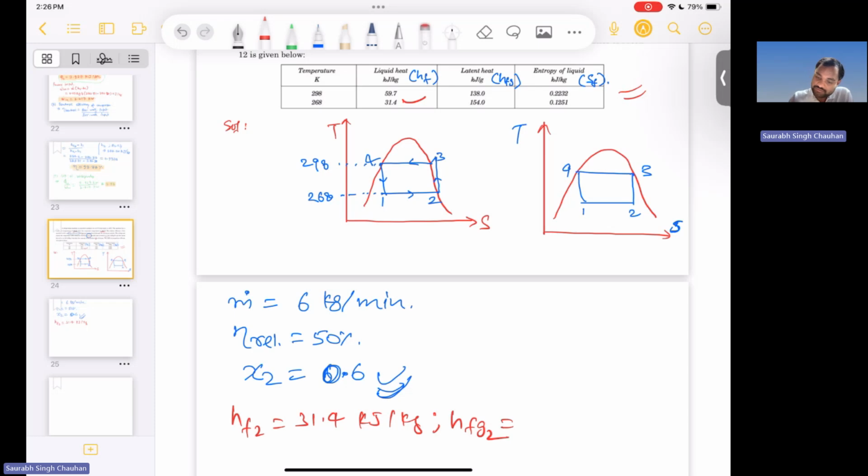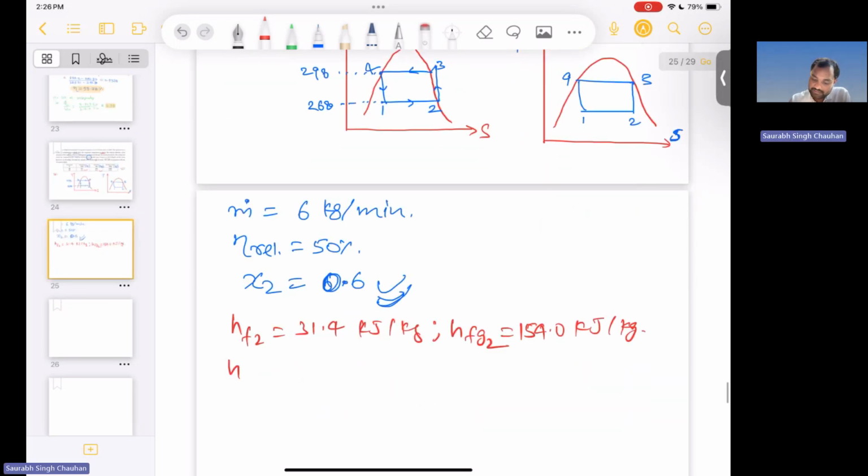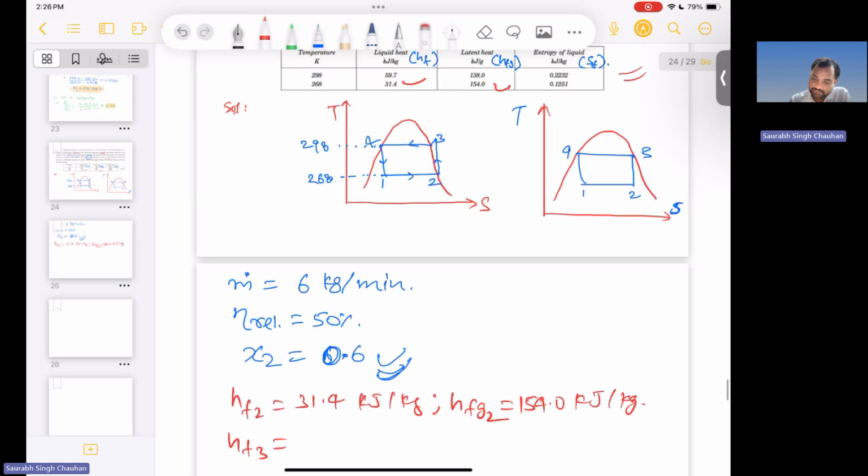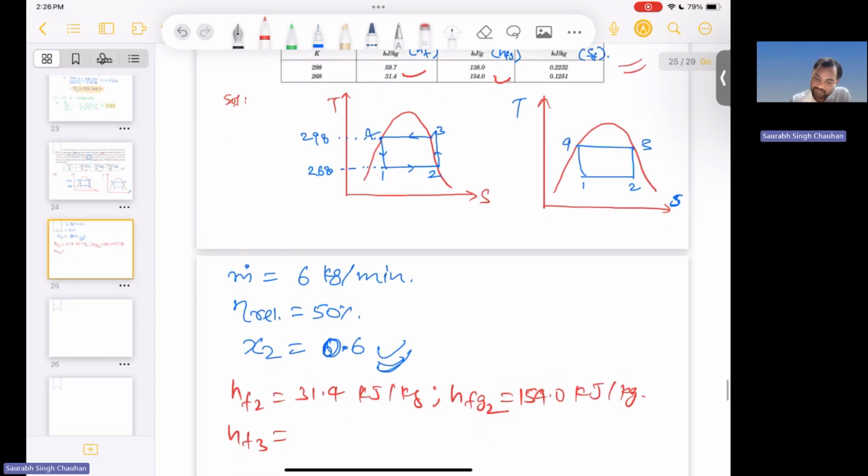HFG at point 2 is also given, 154.0 kilojoule per kg. And HF3 is also given, 59.7 kilojoule per kg. HFG3 is also given, 138.0 kilojoule per kg.